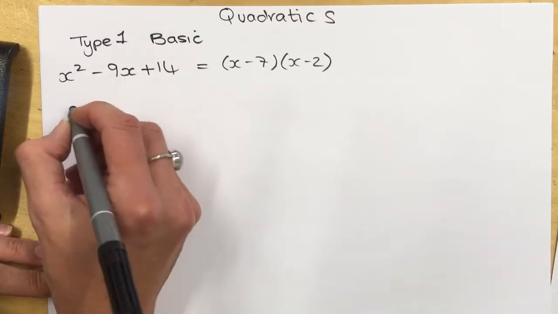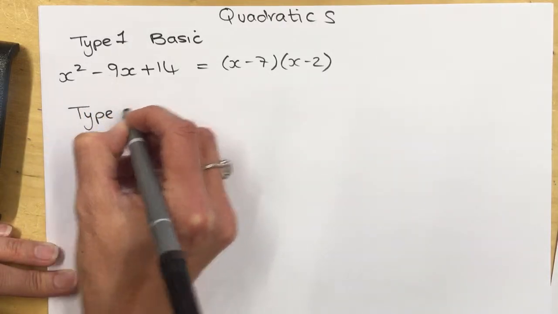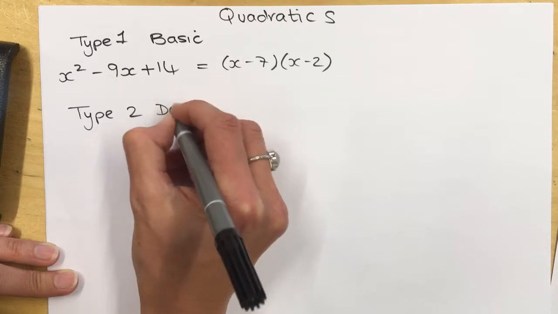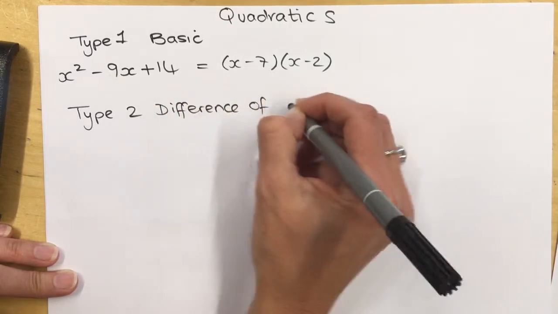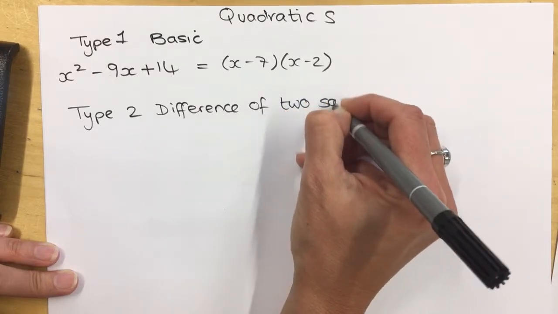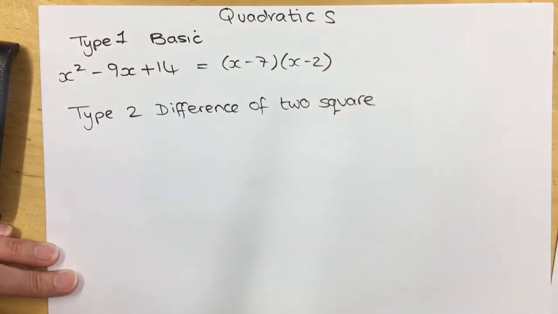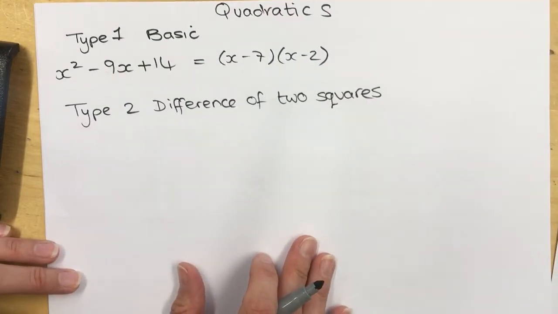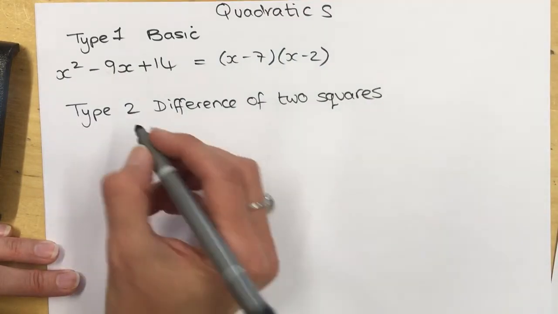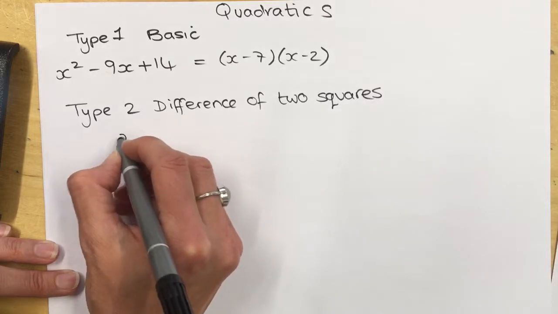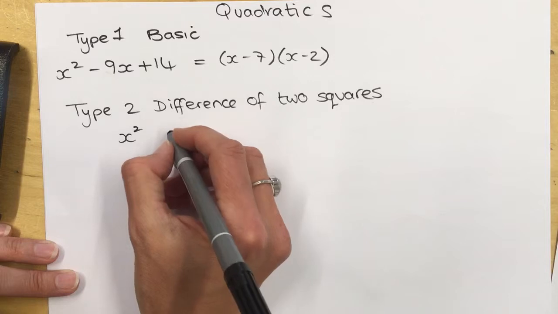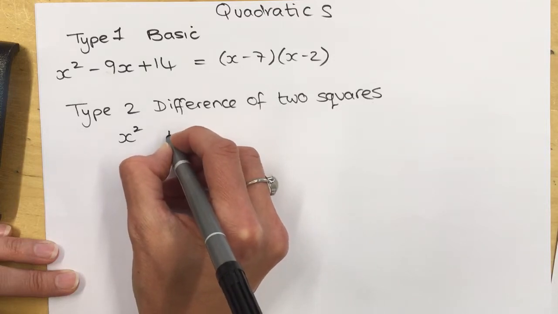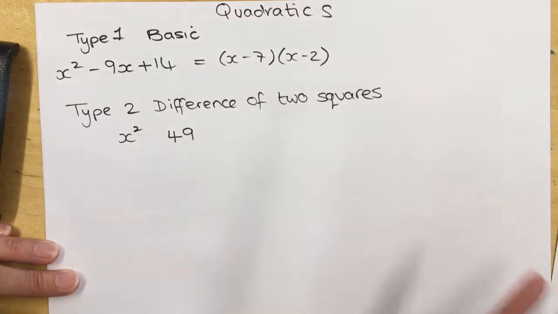Type number 2. We have what we call the difference of 2 squares. Now, what we're looking for when we are coming up with a question that's quadratic, when we're looking for the difference of 2 squares, we're looking for a letter that's been squared and a square, basically a square number.